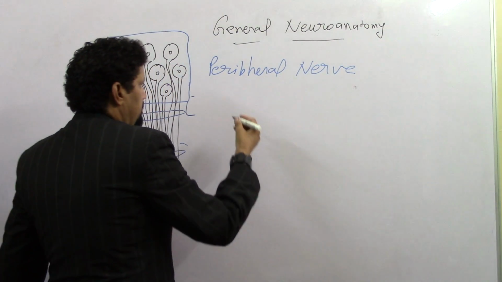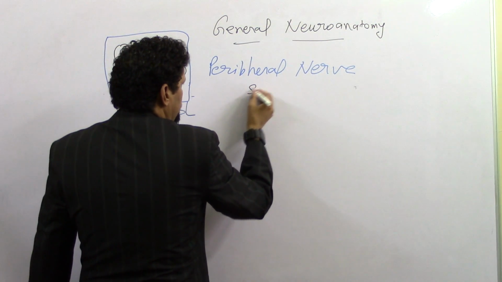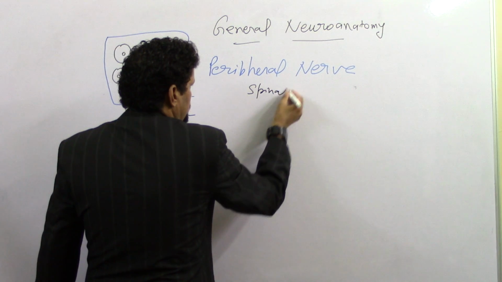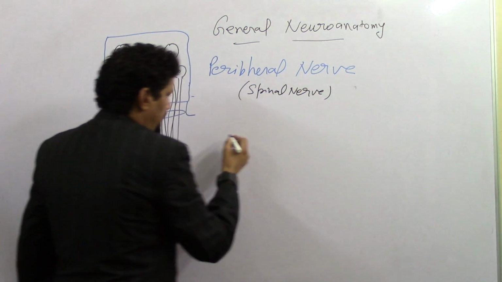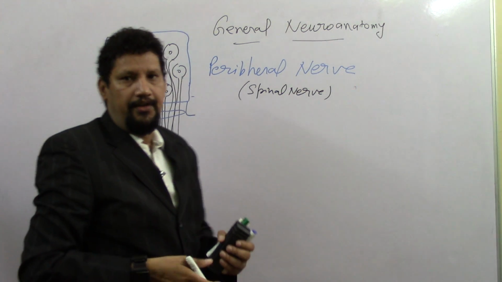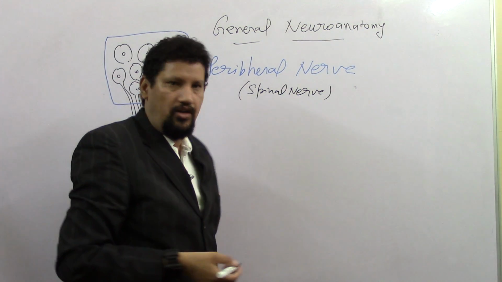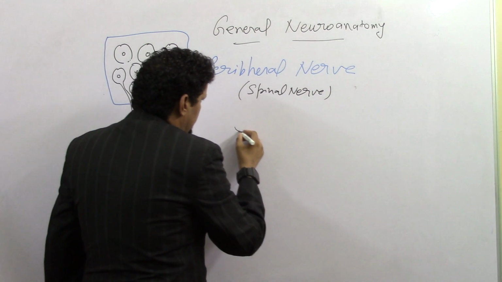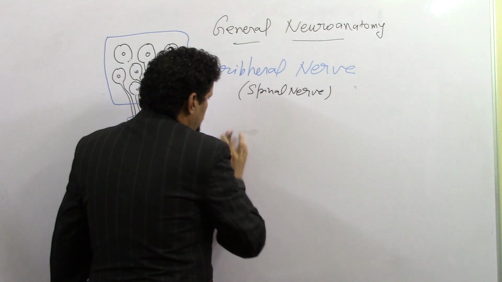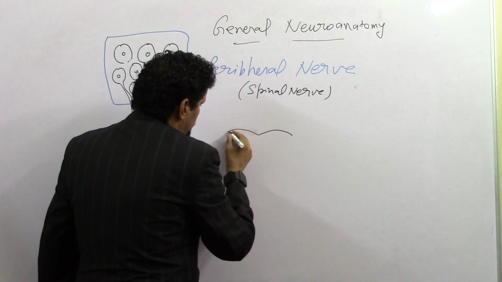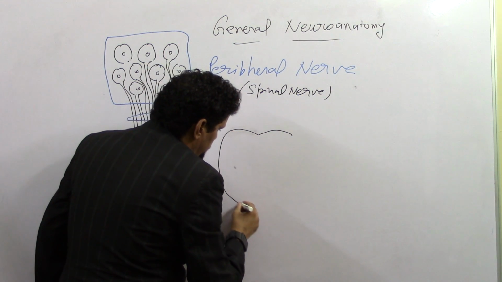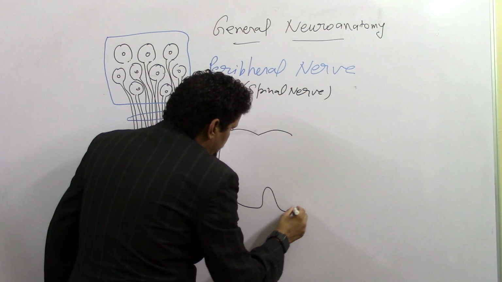I will draw a spinal nerve. Spinal nerves taking origin from the spinal cord, again posterior median sulcus, anterior median fissure.